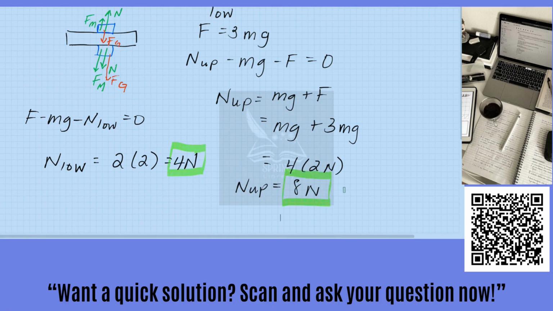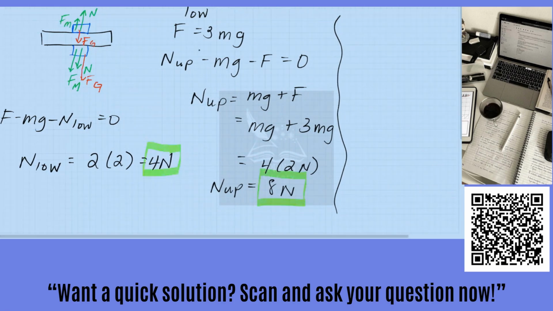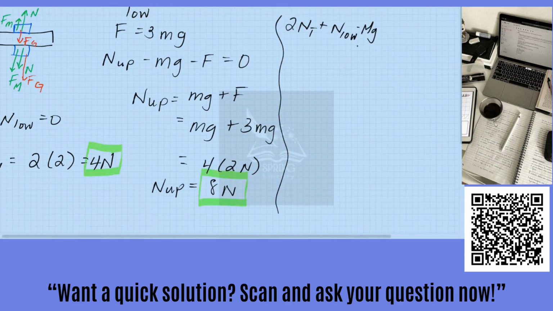And then we also need to find the normal force of the table. So for the table, we have 2 times the normal force of the table plus the lower normal force minus the total weight minus the upper normal force is equal to 0, because that's the equilibrium of the table.